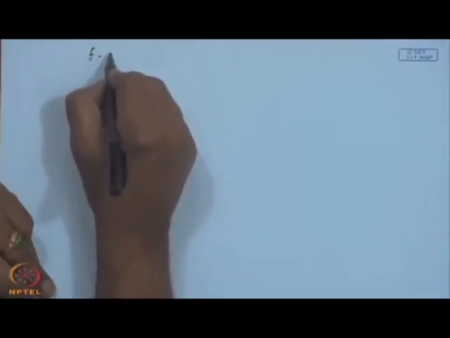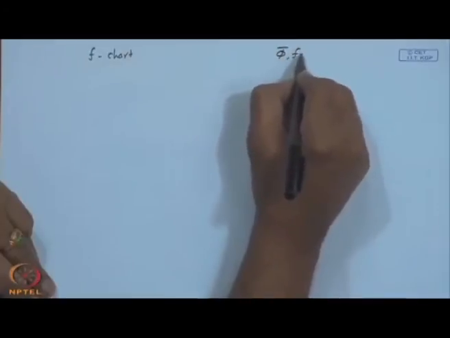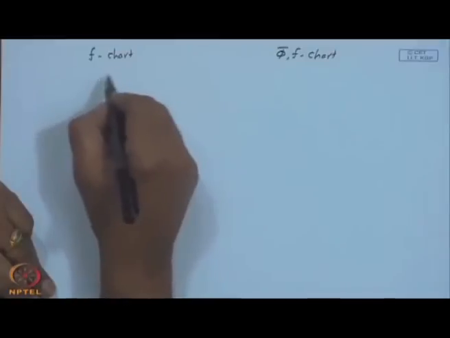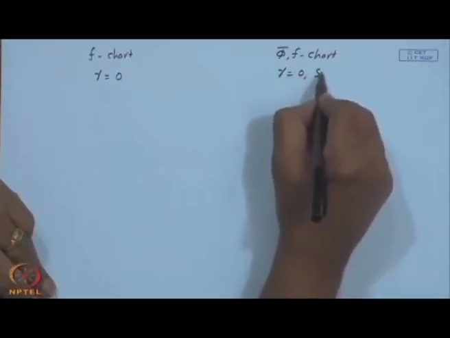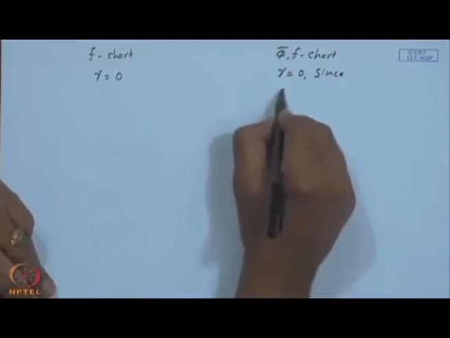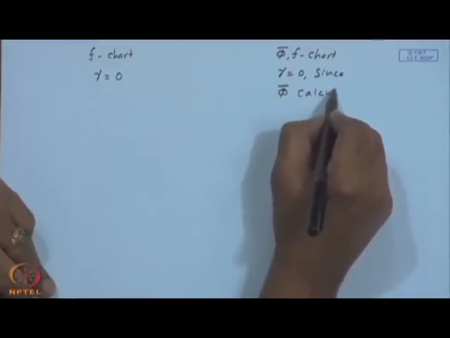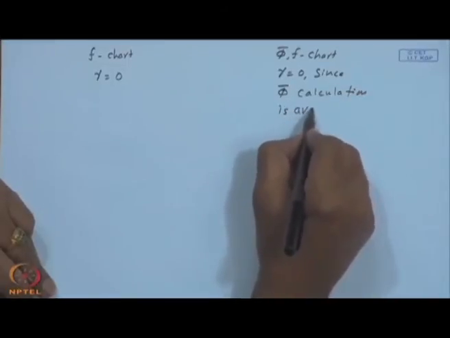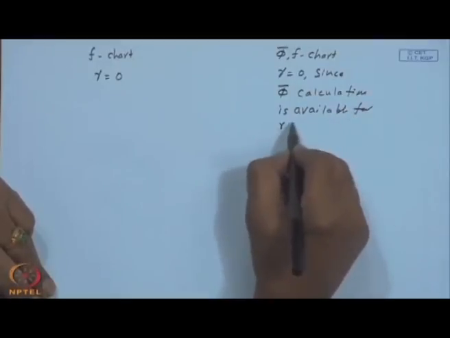Again F chart and your phi bar F chart. Now, gamma is equal to 0, gamma is equal to 0, since phi bar calculation is available for gamma is equal to 0.